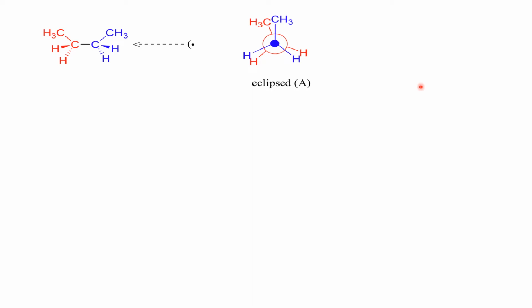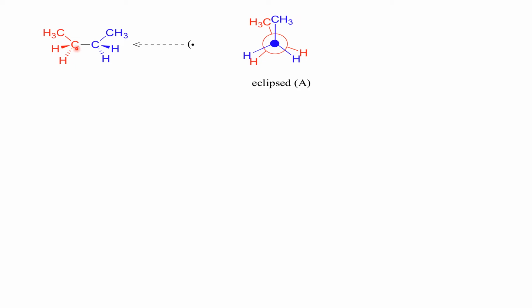Now see, this is the fully eclipsed form. From the projection formula, we are converting to the Newman projection formula. So the CH3 group, the hydrogen atom and hydrogen atom of the second carbon atom are in one plane with the CH3 group, H and H of the third carbon atom.